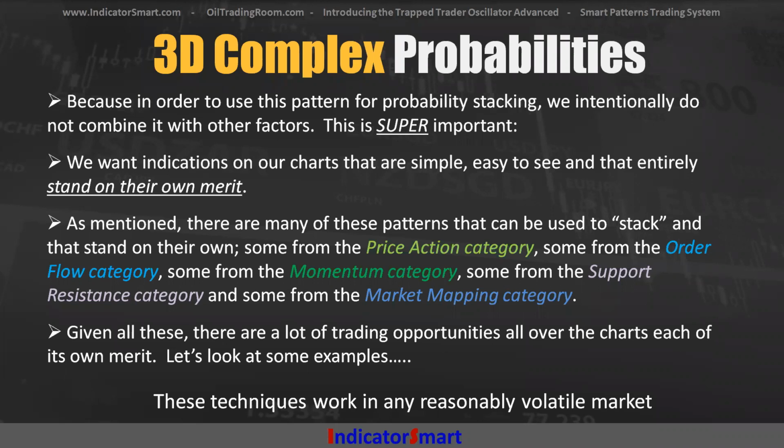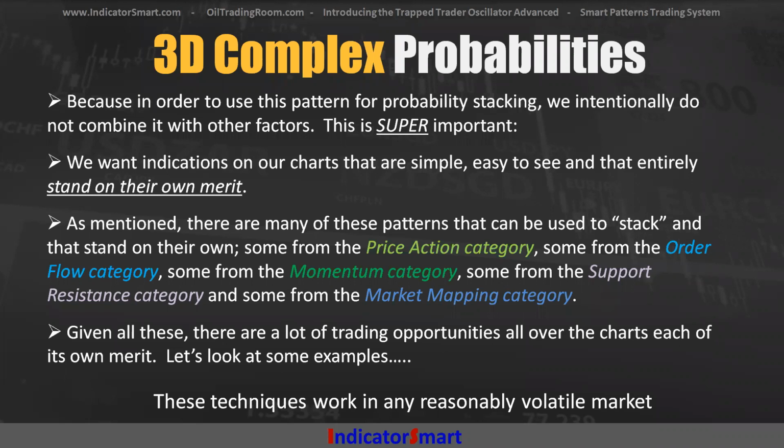So as I mentioned, there are many of these patterns that can be used to stack, that stand on their own, from the price action category, from the order flow category, from the momentum category, from the order flow momentum category, from the support resistance category, and some from what we call the market mapping category, where we map out how the market will be shaped on a much larger scale in any given time interval.